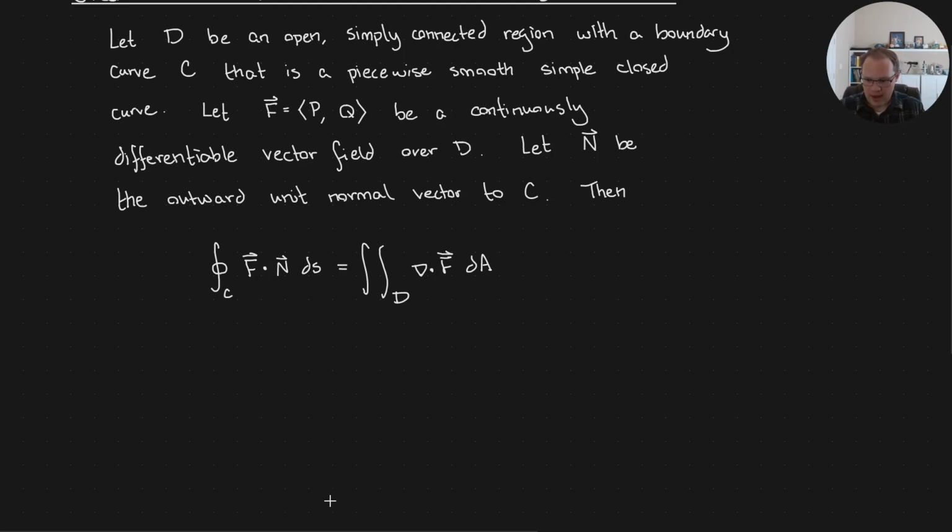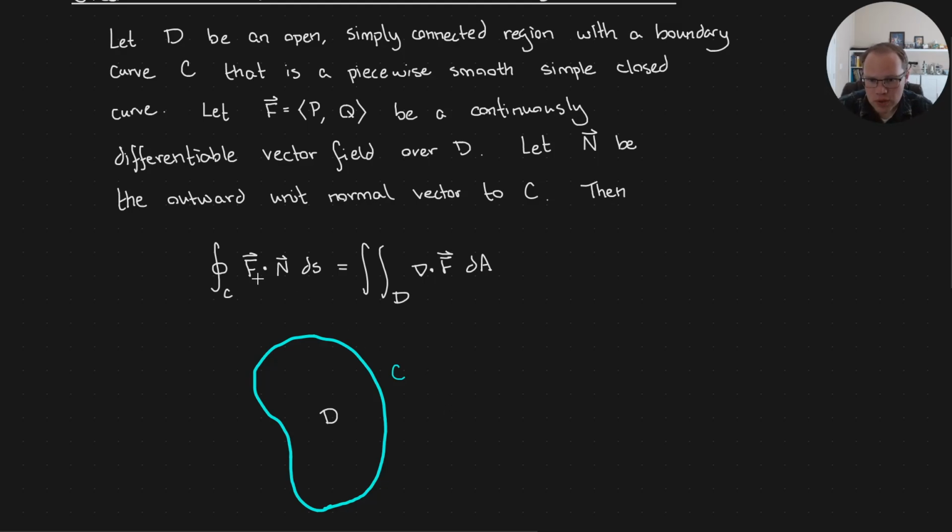Just as before, we have some region. Now, D is the interior of the region, and C is the boundary around the region, the curve around the region. Okay?